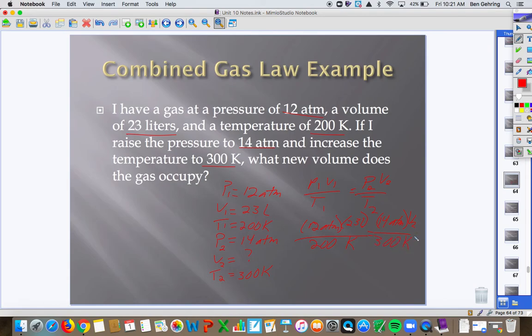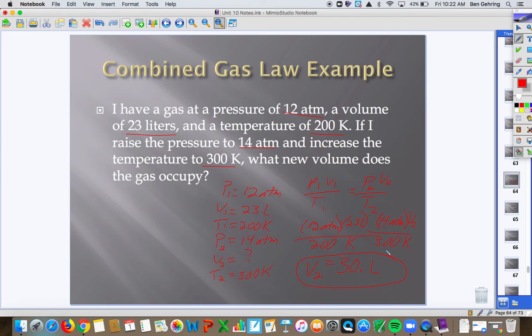And then I'm going to do a bunch of number crunching. So I'm going to take 12 times 23 divided by 200. I'm going to multiply that by 300 and divide by 14. And I came to an answer of V2 being equal to 29.6, or let's go 30 with a decimal liters for the sake of significant digits.